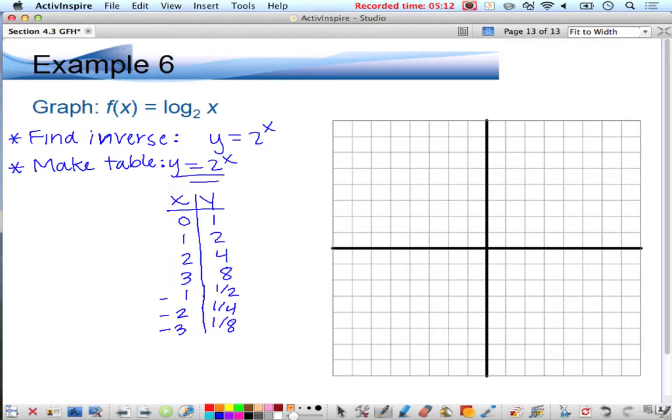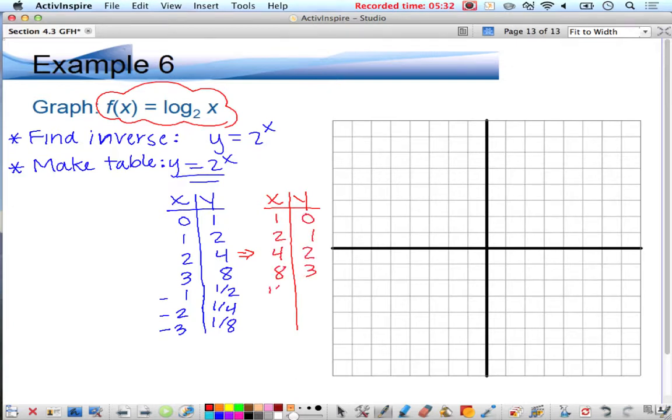What does an inverse do? It switches the x's for the y's and the y's for the x's. So now you make a new table by switching the x's and the y's. Just invert the points: (1, 0), (2, 1), (4, 2), (8, 3), (1/2, -1), (1/4, -2), and (1/8, -3).